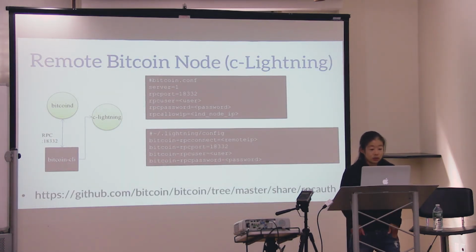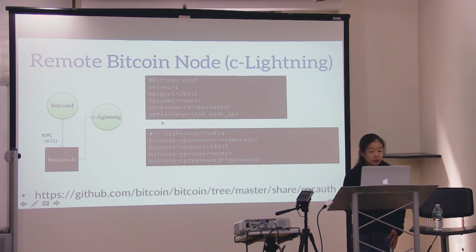With C Lightning, you can just use a remote Bitcoin node. There was spruned, which still downloaded everything, but you can have a Bitcoin node running elsewhere. You just have to set up the RPC username and password. In the Bitcoin Core repository, there's a Python script for generating a hash of a password and storing that instead of storing it in plain text in your configuration file.